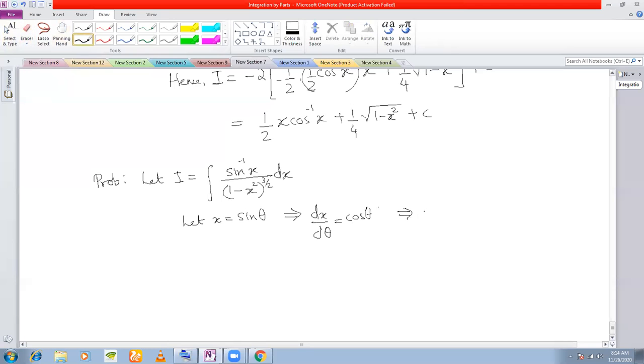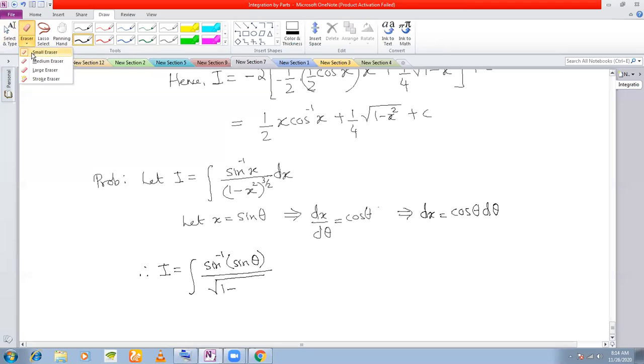That means dx is cos theta d theta. So let us put these values. Sin inverse sin theta divided by, it is 1 minus x square to the power of 3 by 2.